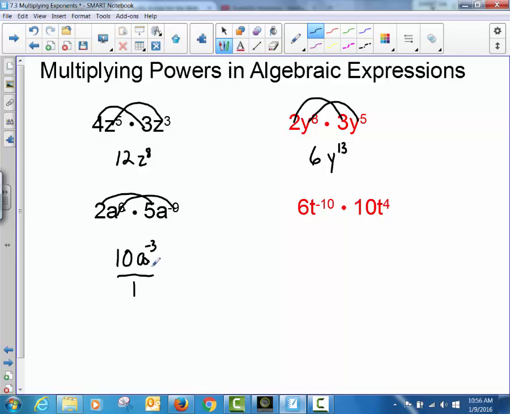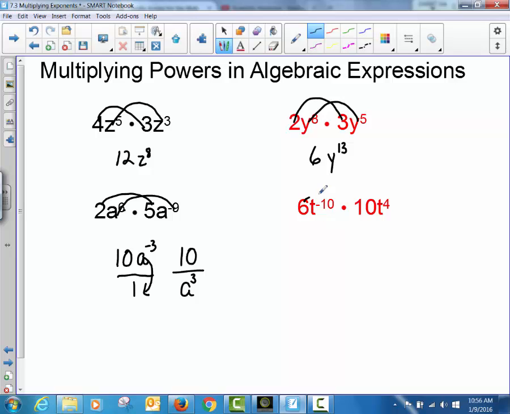So if I move this power down to the bottom, that negative 3 will become a positive 3. So this will be 10, and I move the a to the 3rd down to the bottom, and it's positive. Okay? We'll do more of that. Your turn. Try this one and then come back to me.